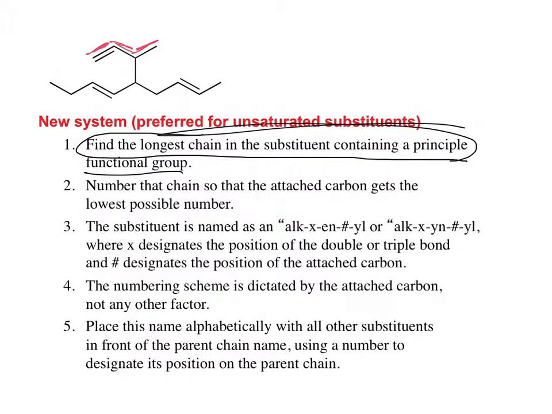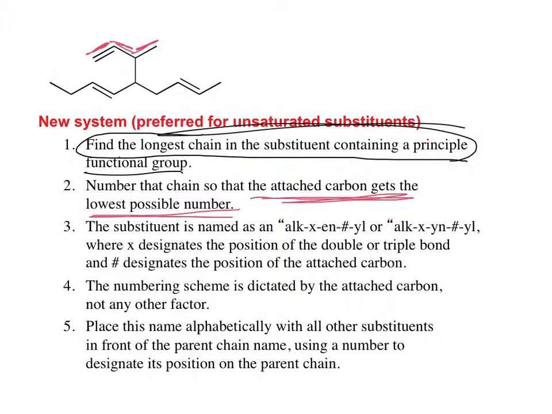Then you number it. This is really obnoxious. I hope it's not going to last long. You number it so that the attached carbon, the point of attachment, gets the lowest possible number. That is pretty key. The attached carbon gets the lowest possible number. I don't know why they did that, but they did.